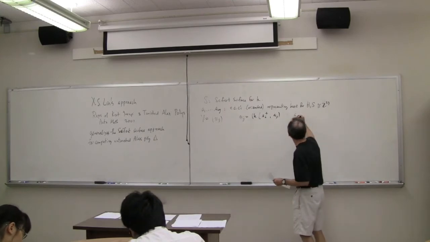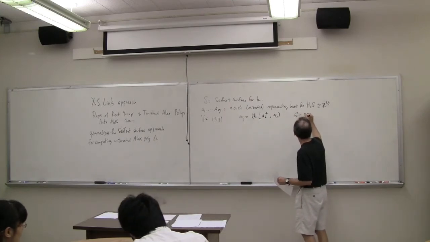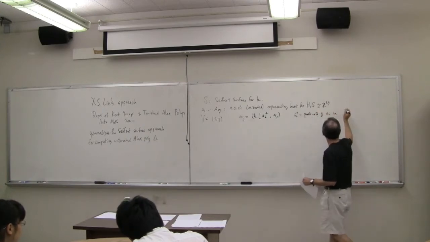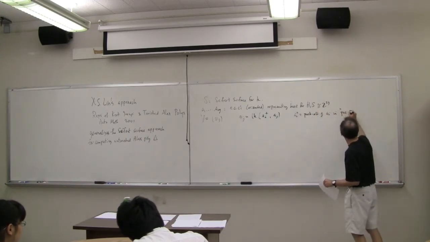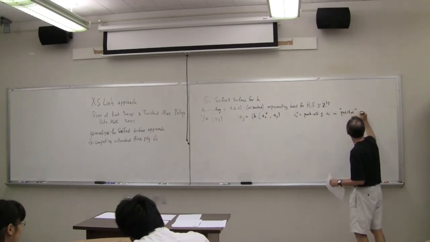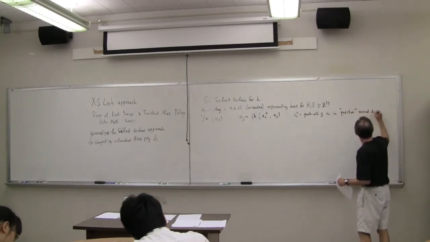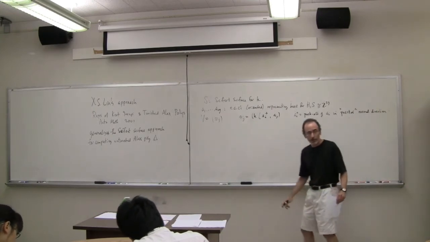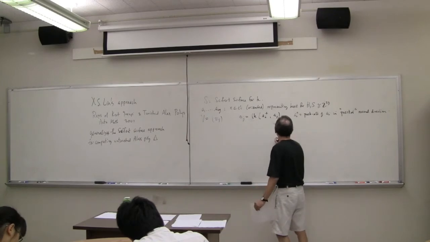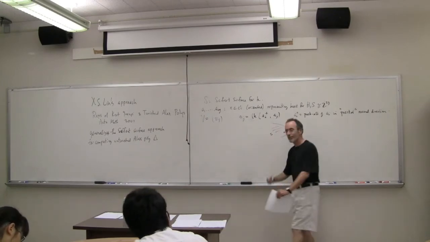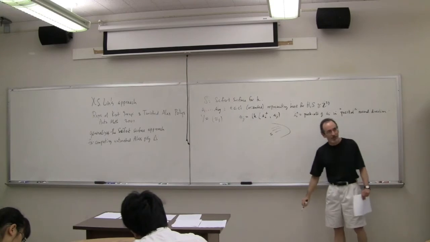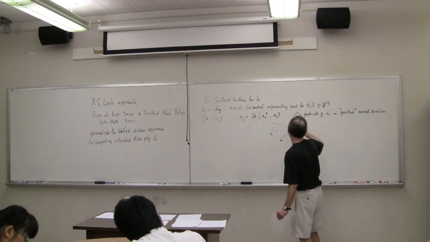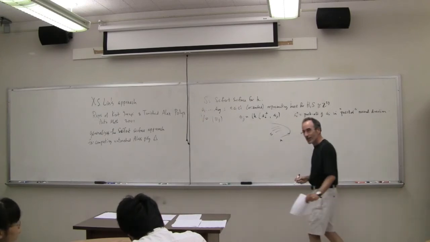So a_i plus is a push-off of a_i in the positive normal direction. And what do I mean by positive normal direction? Well, we can assume that the knot is oriented. There's a little piece at the edge of the Seifert surface, and here's the knot K. We orient it this way.